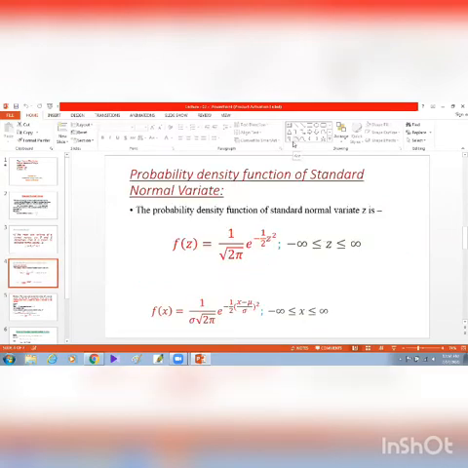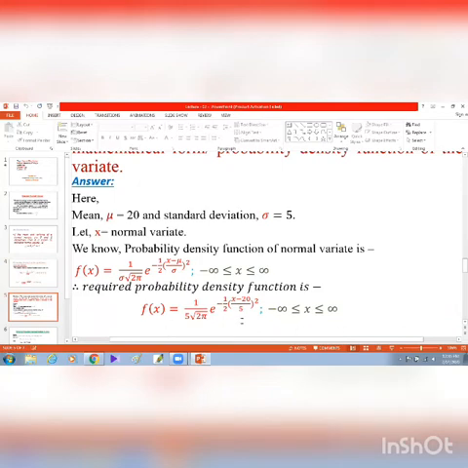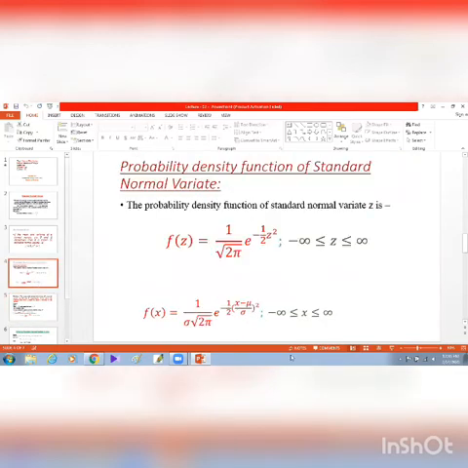My dear students, normally the probability density function of a normal variate is f of x equals 1 divided by sigma root 2 pi e to the power minus half, x minus mu divided by sigma, whole square, where x varies from minus infinity to plus infinity.